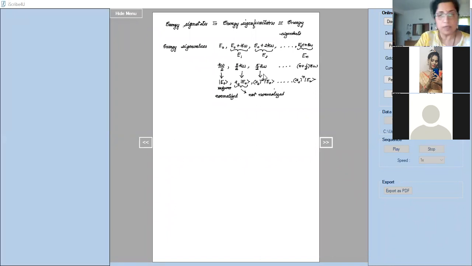All right. So let us imagine we have En. Okay, so what is this En, please? It is the nth energy eigenstate.